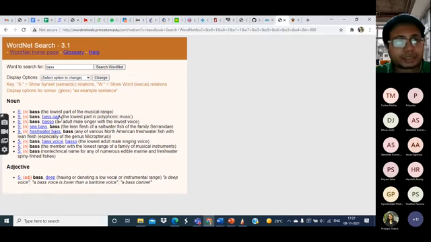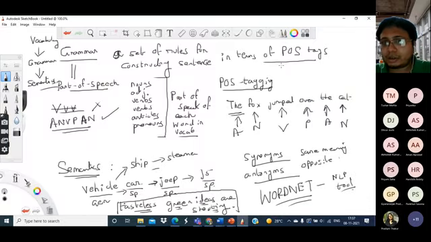Now what WordNet basically does is it deals not with individual words but with synsets. Okay, what is a synset? A synset, as the name suggests, is basically a set of synonyms, meaning words which have exactly the same meaning.